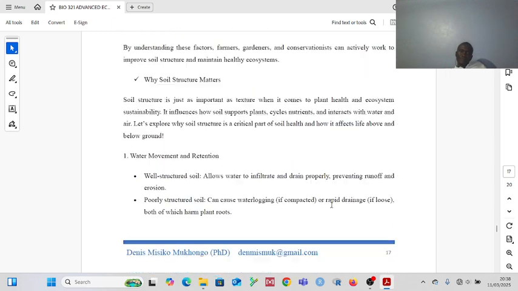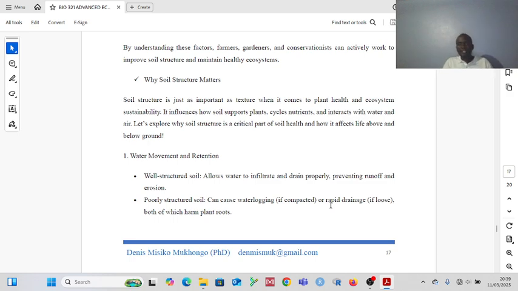Okay. So why should we bother about soil structure? We saw the importance of soil texture, but why is soil structure of value to us? Why should we bother about it? Why is it that in an ecology unit you are being taken through aspects of soil structure?